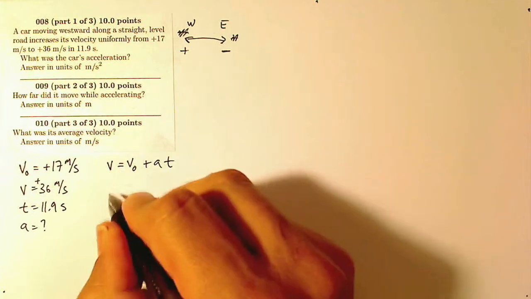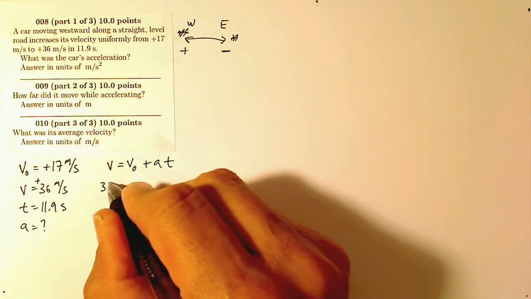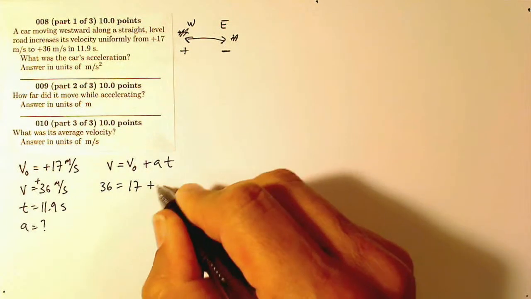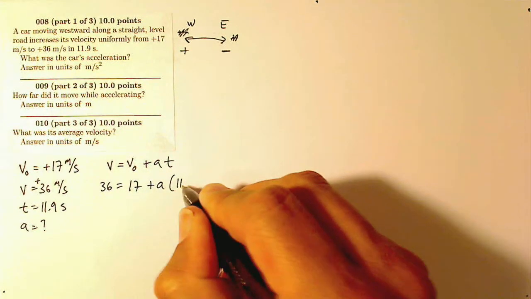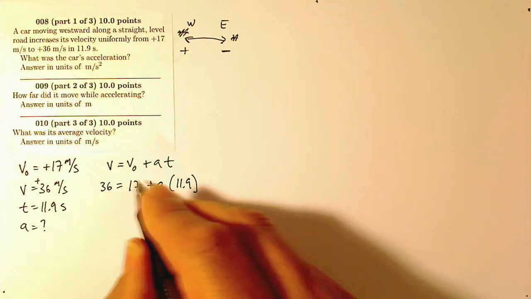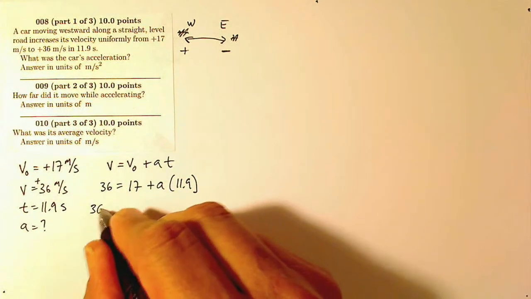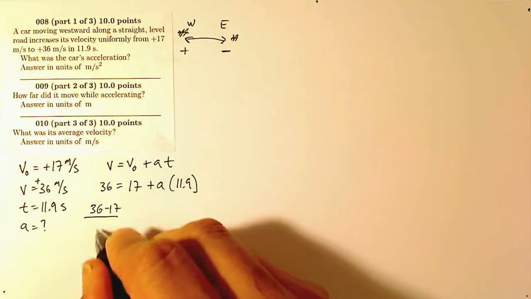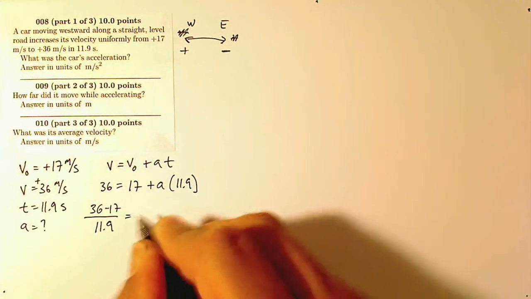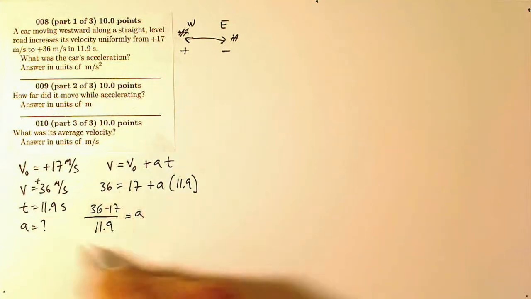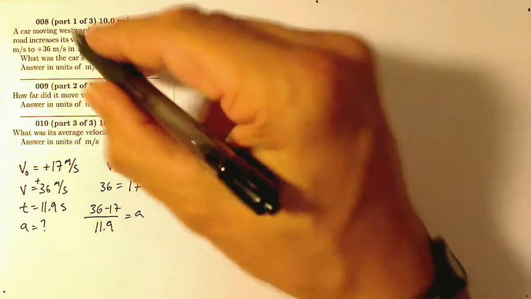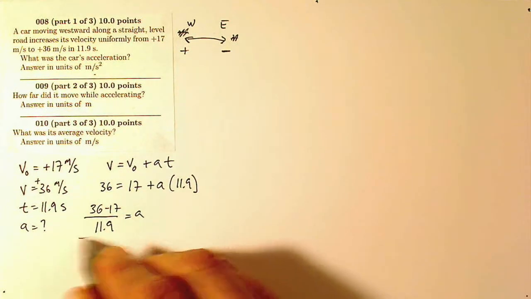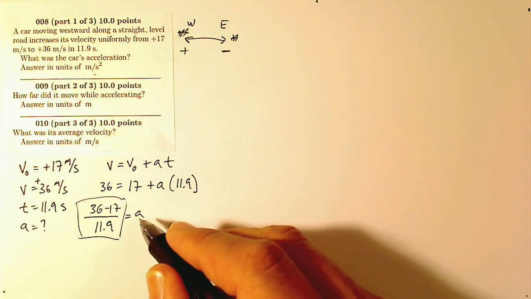So if I plug in my final velocity of 36 equals my initial velocity of 17 plus my acceleration times 11.9, I'm going to subtract 17 and then divide by 11.9, which will give me my acceleration. And I'm going to get a positive number because this is happening in the same direction as I defined as positive. So that's going to be my answer to the first question.